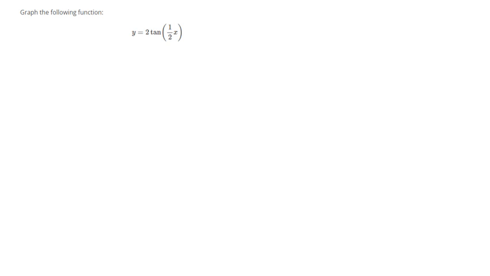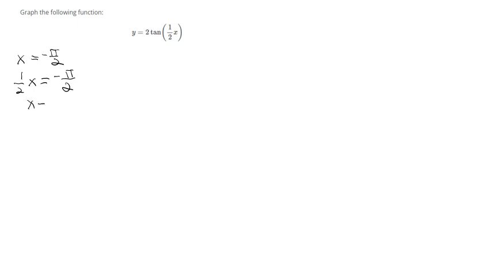We know that tan has an asymptote when x is equal to minus pi over 2, right? Well, we're working with 1/2 x equal to minus pi over 2.